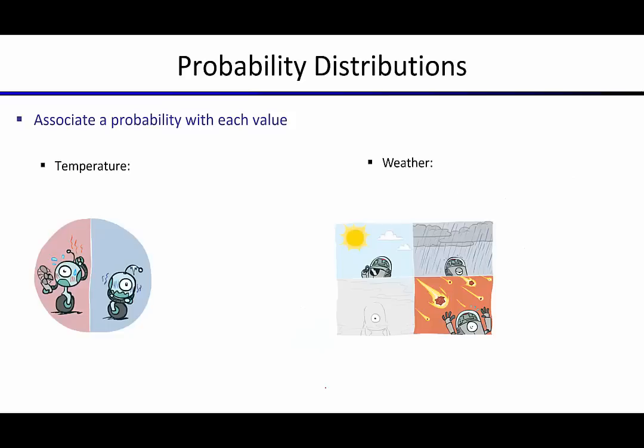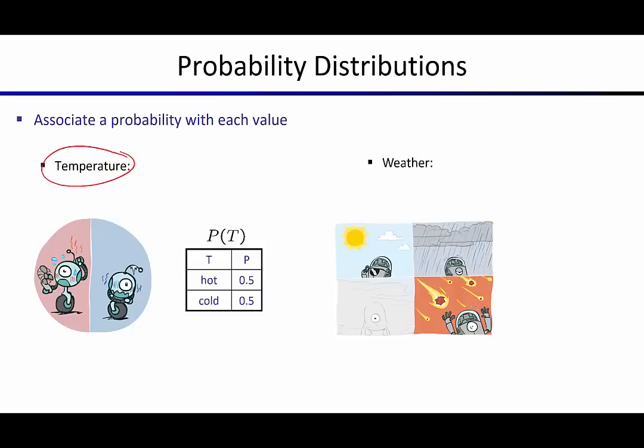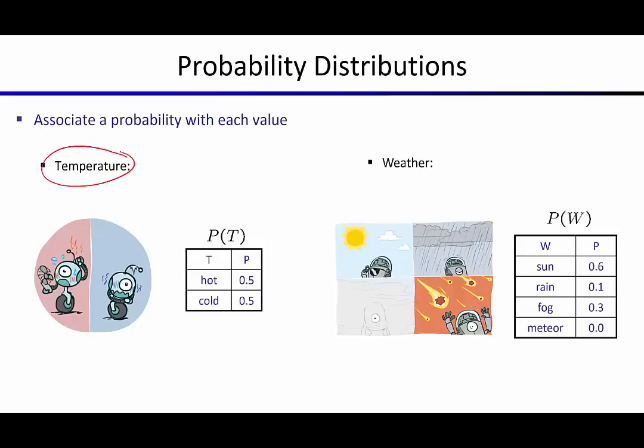Okay, for each random variable, we'll think about what the distribution is. For example, temperature. We might have a distribution that is 50-50, hot versus cold. Weather, we might have a distribution over 4 possible outcomes, some probability of sun, rain, fog, or meteor shower.